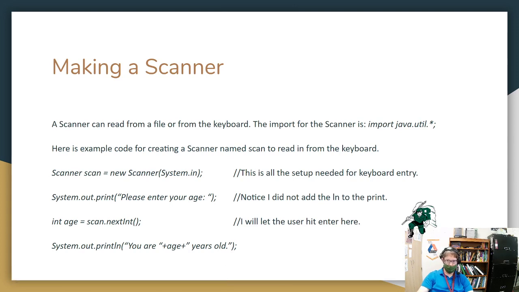a scanner is a class that reads from files or from the keyboard. It actually reads from pretty much the same. And if you want to use it, you need to use import java.util.star. And I'll show you where the import goes in the code when we do a little example. When you make a scanner, you're going to say something like Scanner scan.